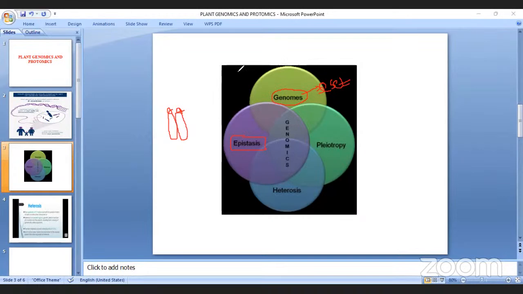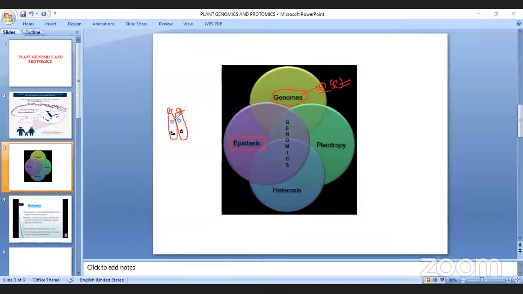On the locus, where are the genes present? The blue color structure gene, and the black color structure gene, right?